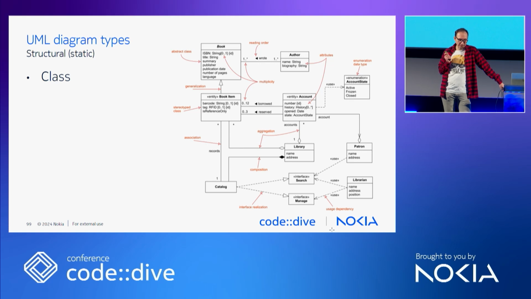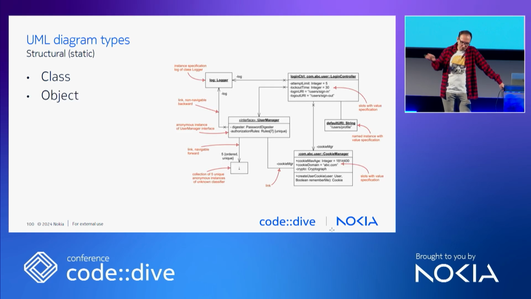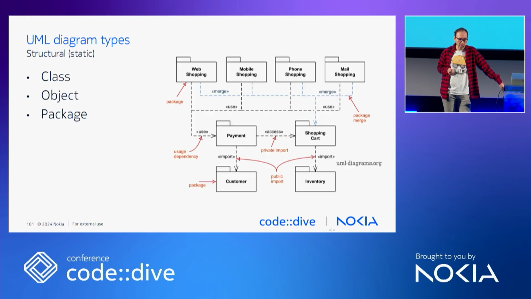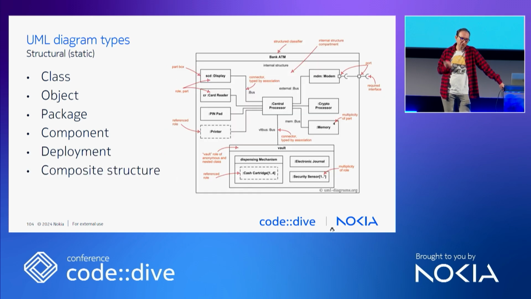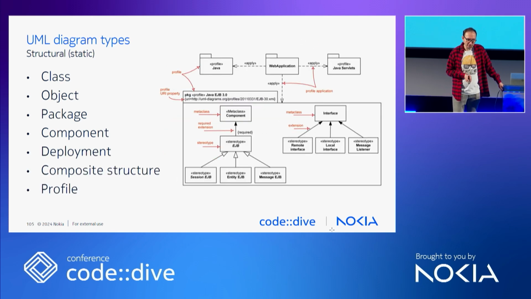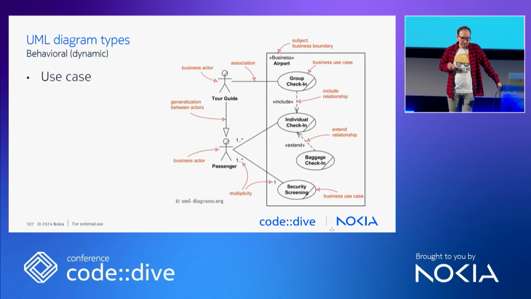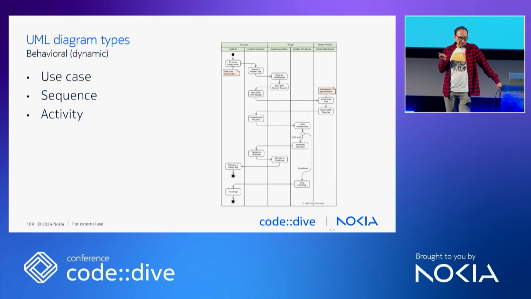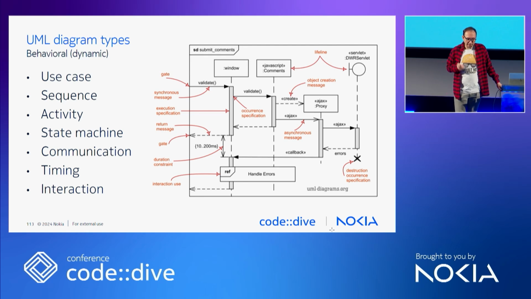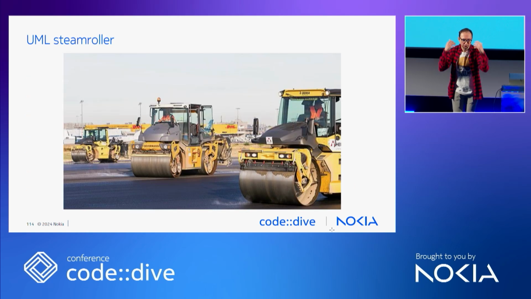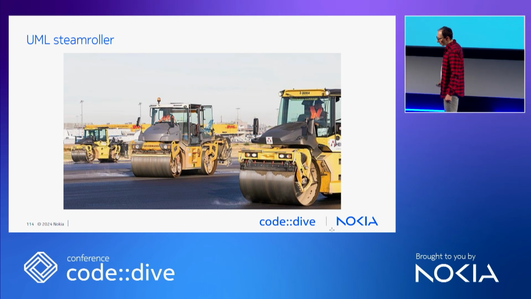Structural diagrams. We have class and object diagrams, of course, because this is object-oriented methodology. Then package diagrams, component diagrams, deployment diagrams, composite structure diagrams, and profile diagrams. On the behavioral side, we have use case diagram, sequence diagram, activity diagram, state machine diagram, communication diagram, timing diagram, and interaction diagram. Wow!